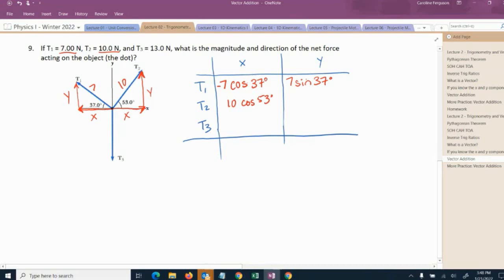It's pointing to the right, so it's positive. And then I do the same thing for the y. It's opposite, so I'm using sine. So it would be hypotenuse 10, sine of the angle, 53 degrees. And it's pointing up, so it's positive. And then when you're ready, do the same thing for the last vector. And tell me what you get for x and for y.